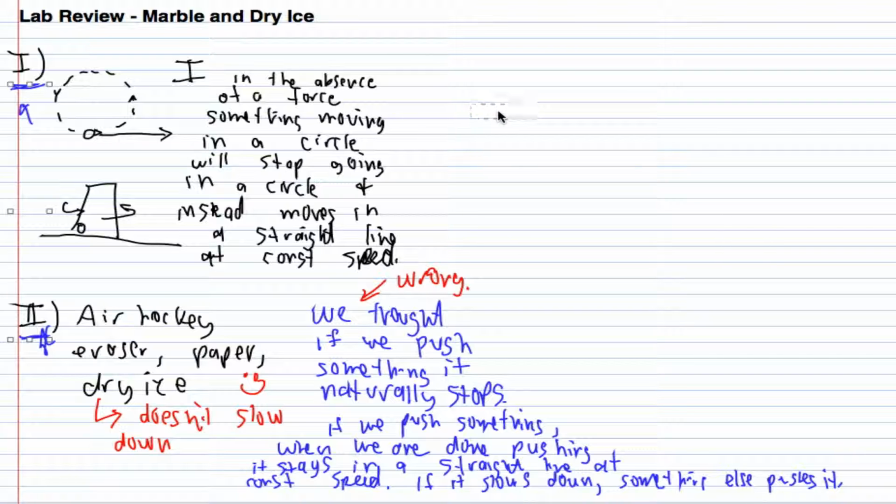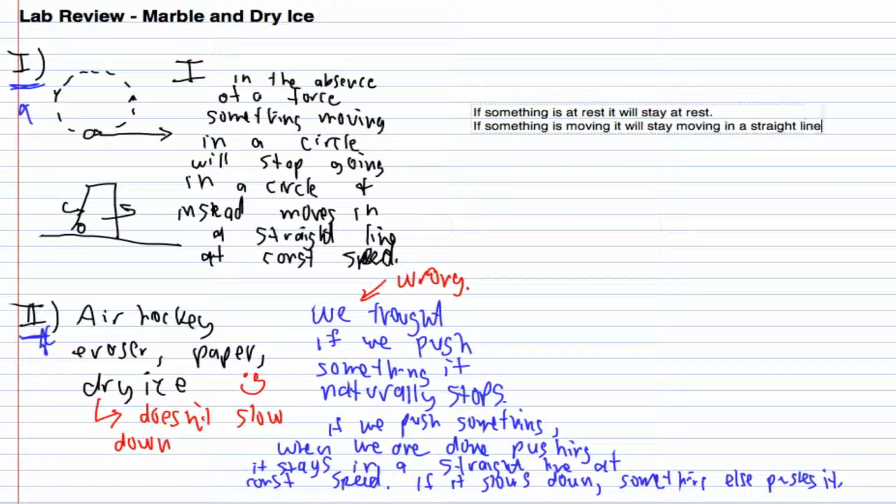What it says is that if something is at rest, it will stay at rest. If something is moving, it will stay moving in a straight line and at a constant speed.